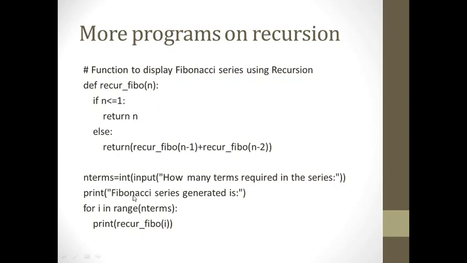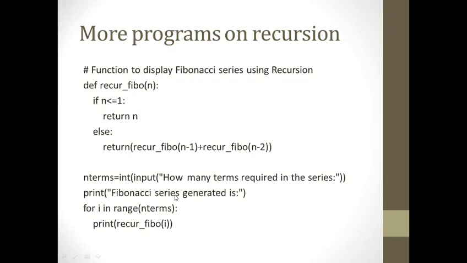So this is achieved by first taking the number of terms from the user. We have taken n terms from the user and stored it in a variable. This number is passed as an argument to the recursive function recur_fibo. recur_fibo is the name of the function. We have passed this value in the function.